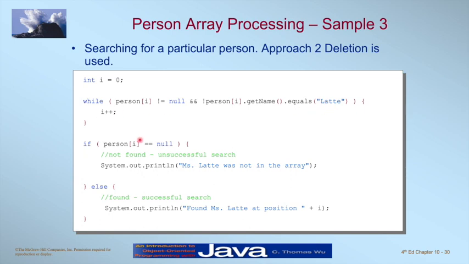If person I equal to null, that means Miss Latte was not in the array. If we found her, we found Miss Latte at which position? We print the position that we got from this loop.